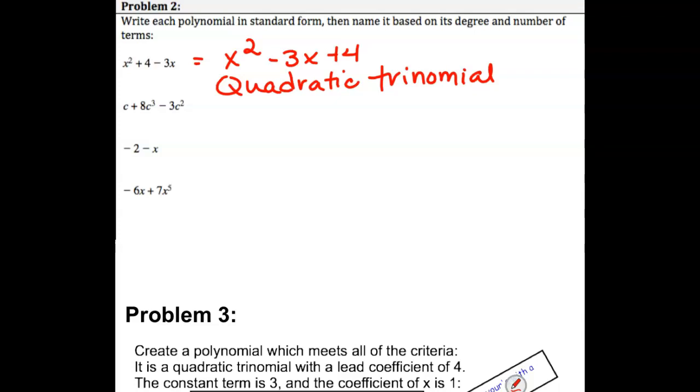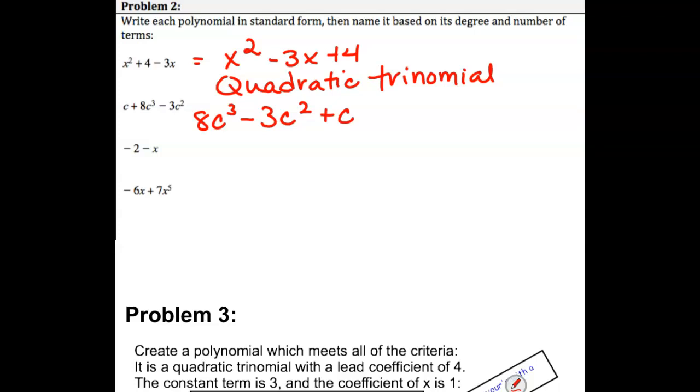Okay. Next one. Which one comes first? All right, 8c to the third. Then we're going to have minus 3c squared. And last, the plus c. Again, make sure you indicate is it a positive or negative. Okay, so plus c.